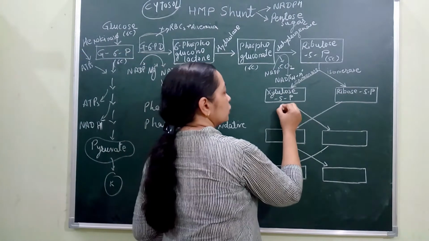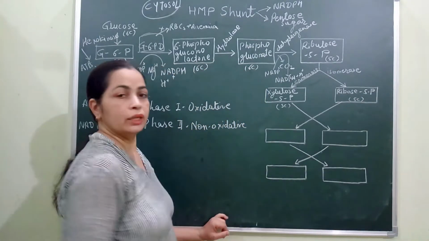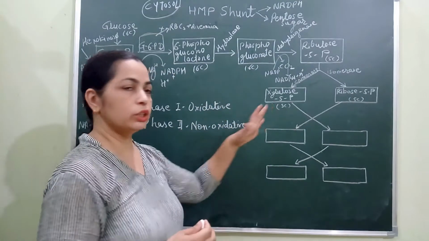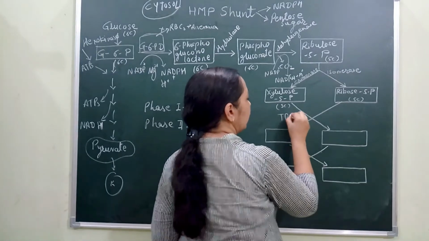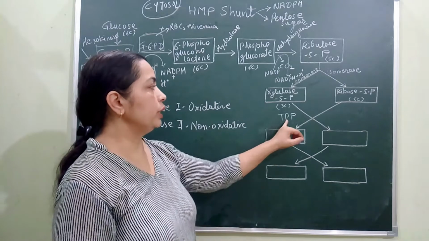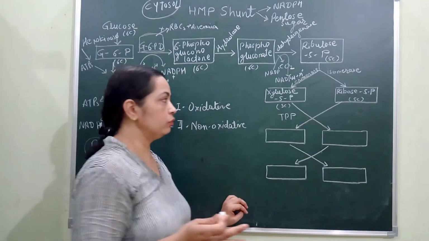So now both these sugars are 5-carbon containing sugars. We have got two 5-carbon containing sugars. Now the actual part, that is the non-oxidative rearrangement, is going to start. So what happens in the presence of thiamine pyrophosphate, TPP, there is interconversion of the carbon fragments.